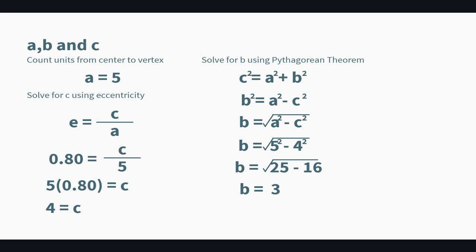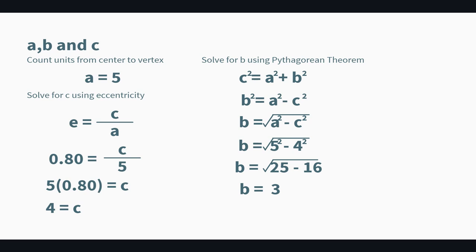But there are other ways to get the value of A. You could use the distance formula, and you could count the number of units from vertex to vertex, then divide that by 2. Then, since we have the value of A, we can solve for C using the eccentricity. Since our eccentricity is given, which is 0.80, we can just derive and solve for C.